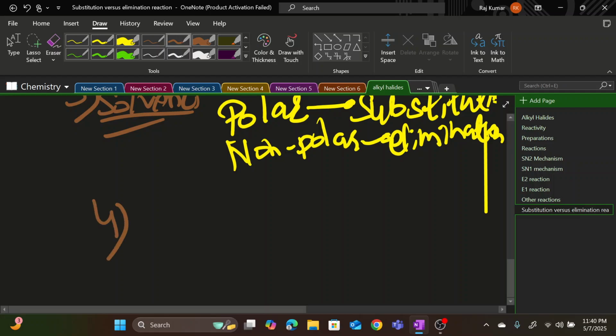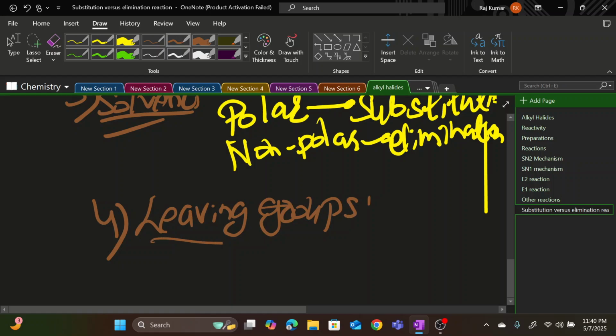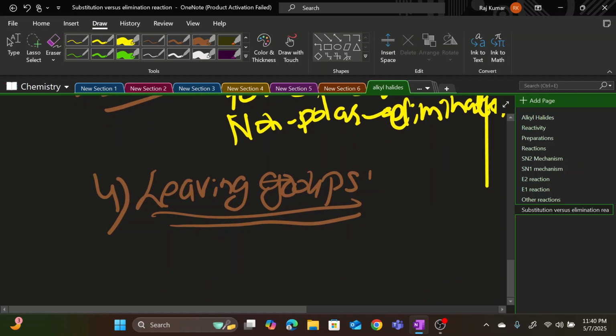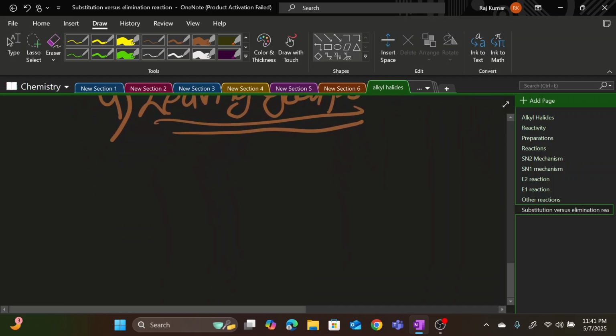Then another important factor is the leaving group. Leaving group essentially does not make a big difference. In both of the bimolecular cases, leaving groups do not make a difference. But if we talk about unimolecular reactions, then good leaving groups are essentially required.